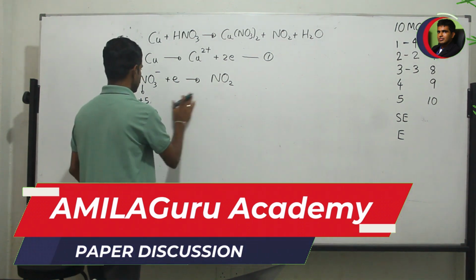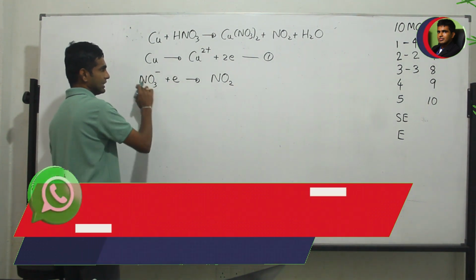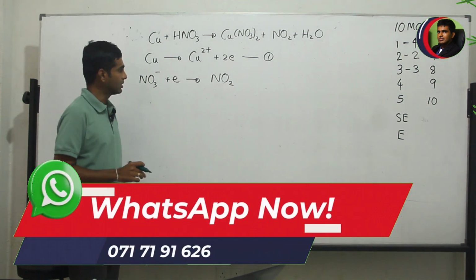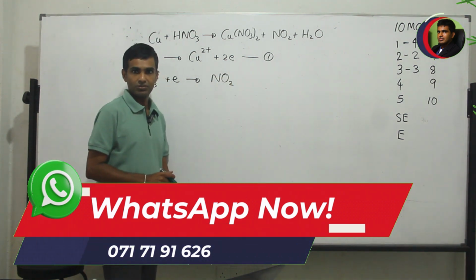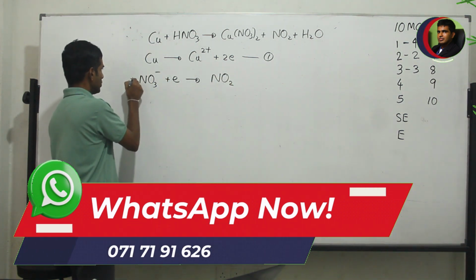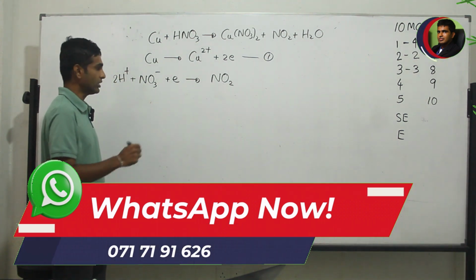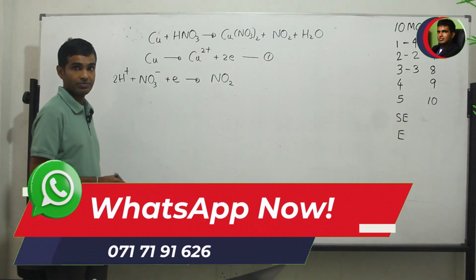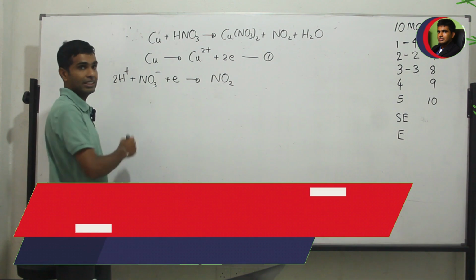Then we can consider the overall charge. In the reactant side, it is -2. In the product side, overall charge is 0. So we can add 2 hydrogen ions to the reactant side. Why did we add hydrogen ions?